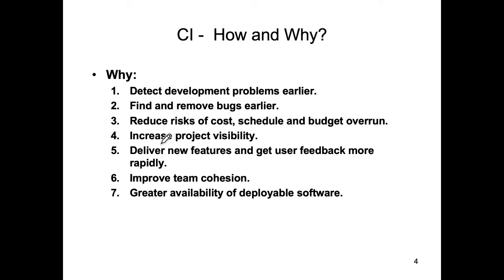Deliver new features. This is kind of the key to it really. Why are we doing all of this stuff continuously, every time a user pushes an update to the central repository, and rebuilding our application and rerunning tests to make sure everything is still clean?